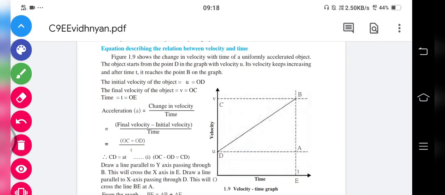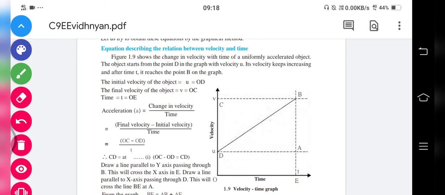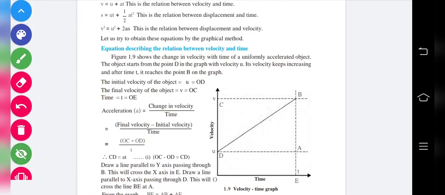Okay, so revise the graphical relationship for velocity and time. Here the velocity at this point is not zero, it has some velocity. So the initial velocity is at point D here and the final velocity is at point B here.